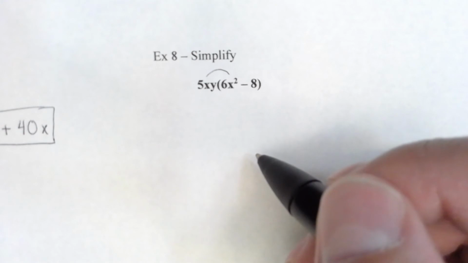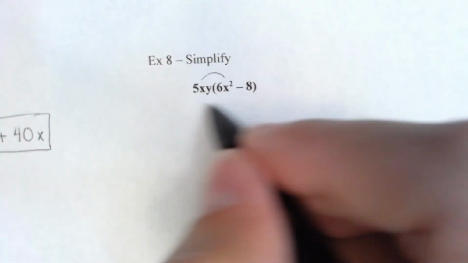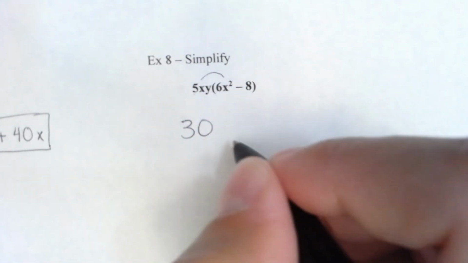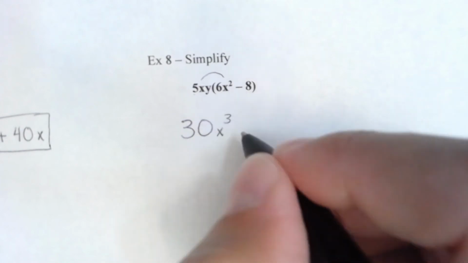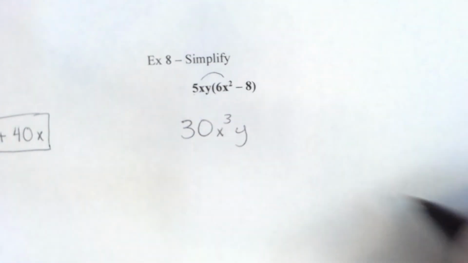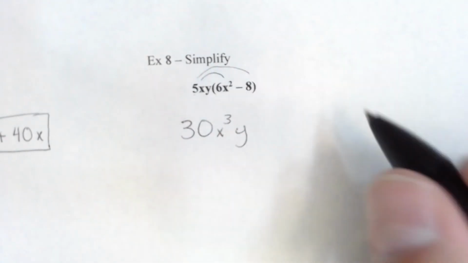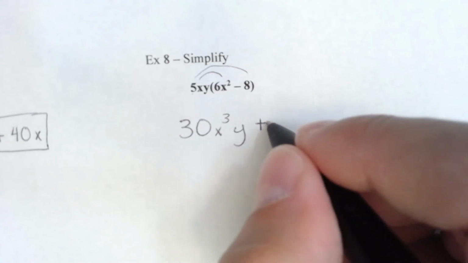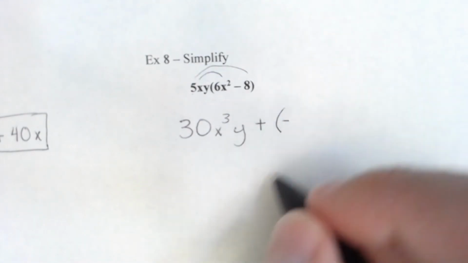5xy times 6x squared. Now I know there's two variables, and that's okay. We can multiply all these. So 5 times 6 is 30. x times x squared, x to the third, and then that y just jumps right in there. And then 5xy times 8, well, we can do plus a negative if we want, and that's fine, or you can just do it minus.